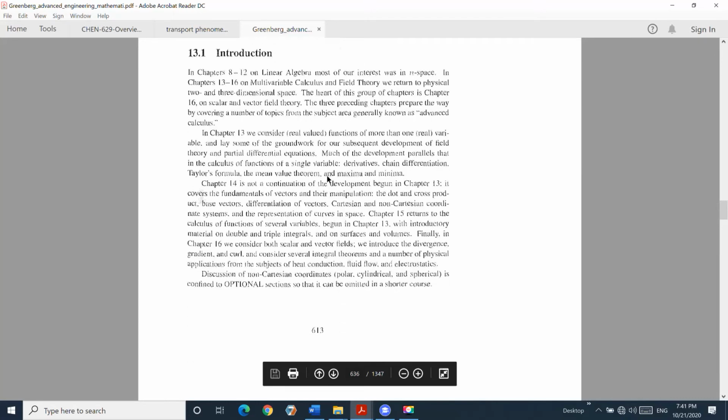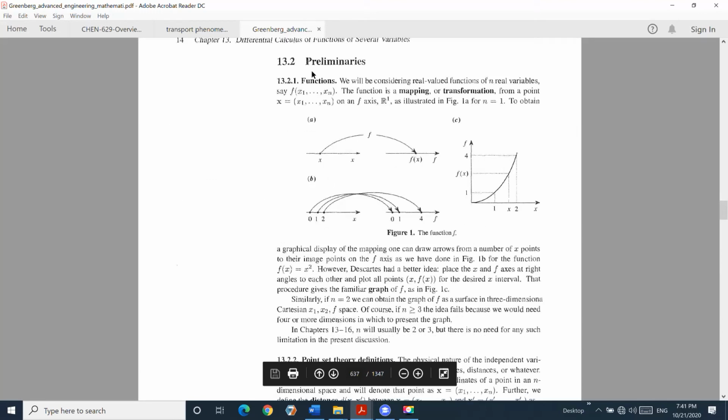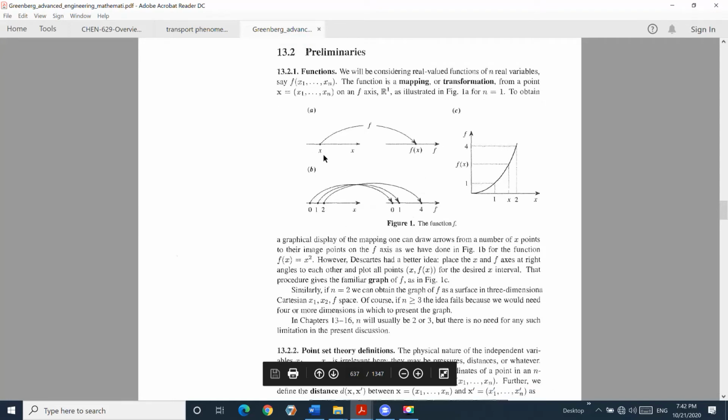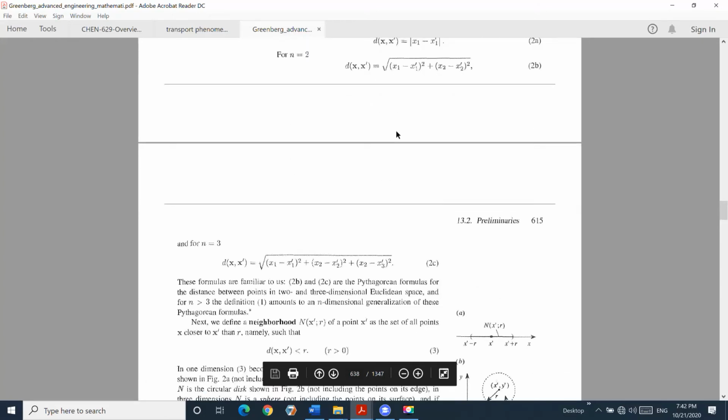Chapter 13 is important. It gives you some basic concepts. What are functions, and what is the definition of mapping or transformation? Let's say you have some x value, and the function f takes this value to f of x. We call this mapping or transformation.